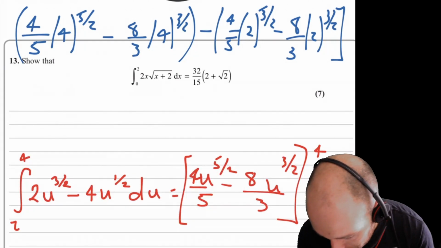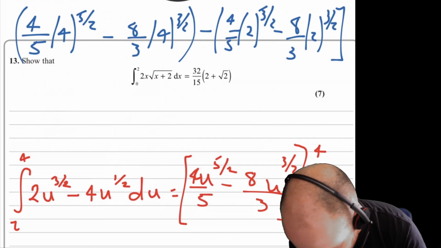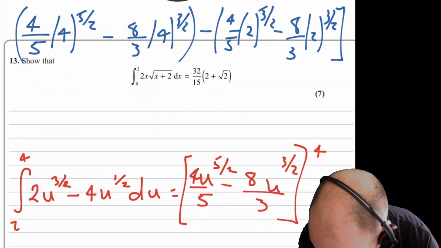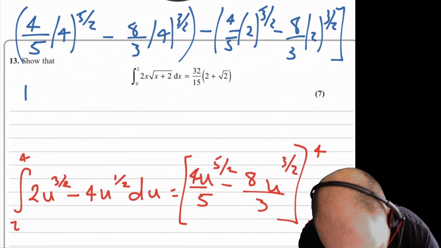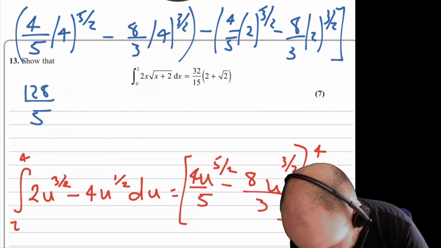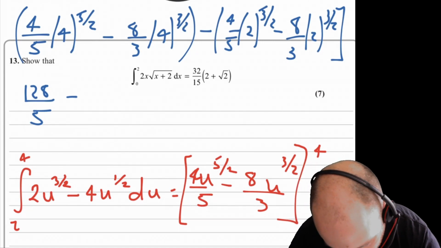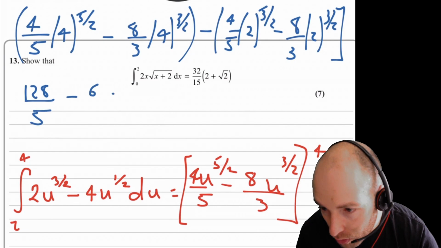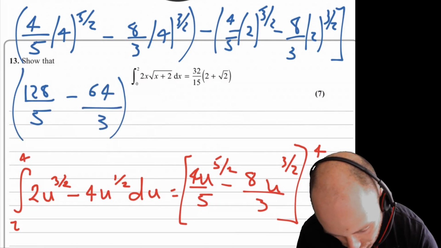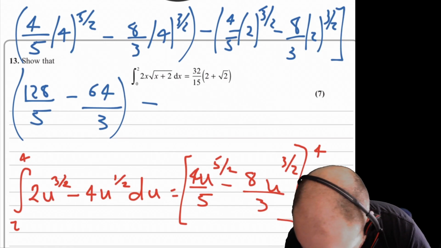So working that out, we get 128 over 5 minus 64 over 3 minus, what's that, 2 to the 5 over 2?